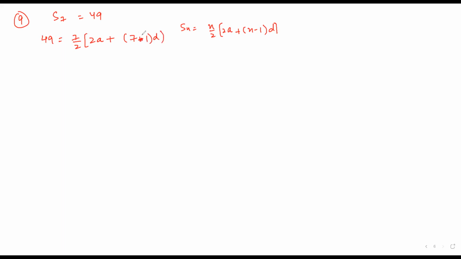So 49 into 2 divided by 7 will be equal to 2a plus 6d. 7 into 7 is 49, and 7 into 14. 14 is equal to 2a plus 6d. You can take 2 common. So 7 is equal to a plus 3d. So that's my equation number 1. Only 2 variables are there.